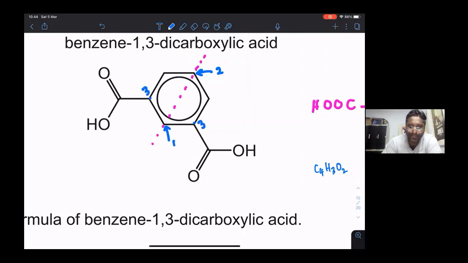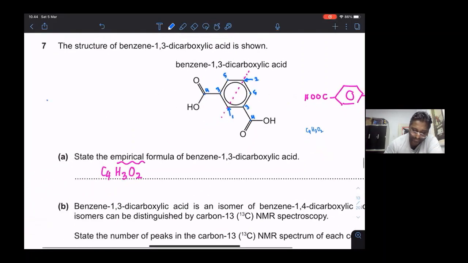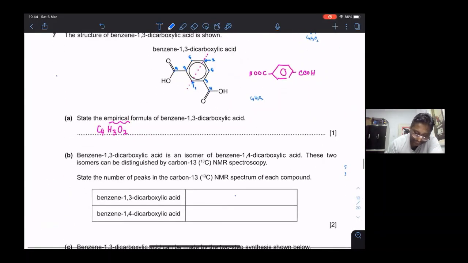Don't forget about this carbon, which is still the same as that carbon, so environment number 4. And this is the same as this. The symmetrical line will help you identify this. This is number 5. So for 1,3 it is going to be 5.